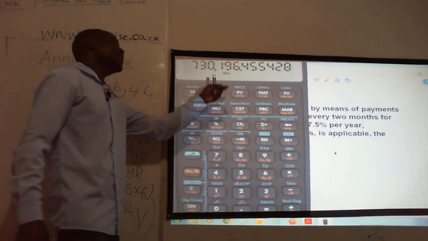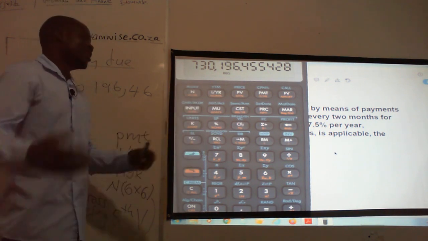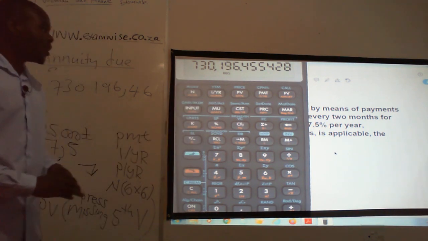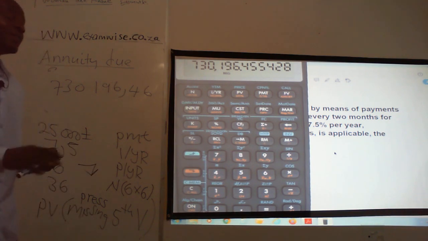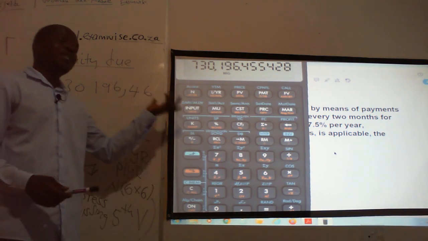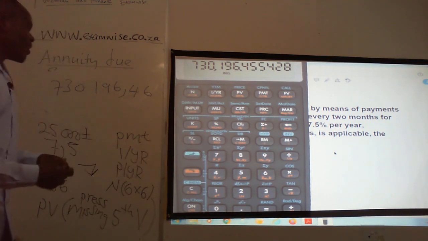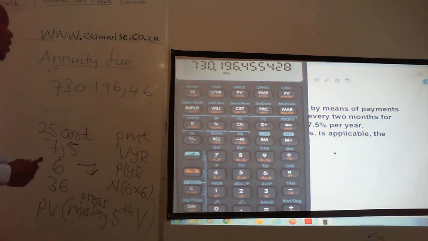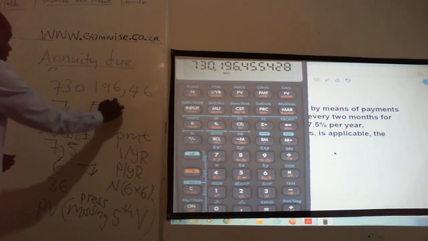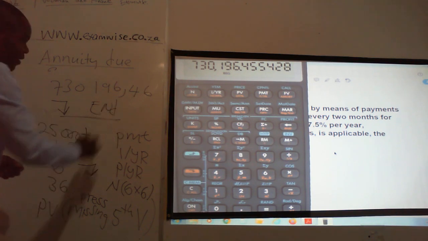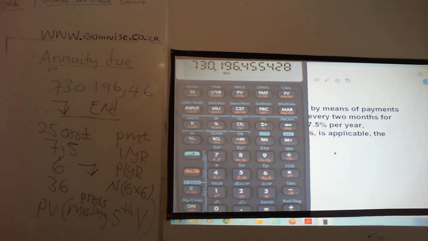Because if we use beginning mode instead of end mode, then we get an incorrect answer. So to remove from beginning mode, we just press down arrow, and then here we press end mode to put our calculator in the end mode.